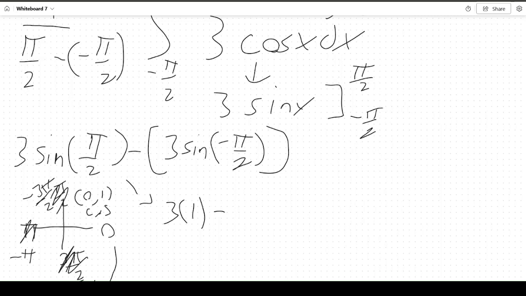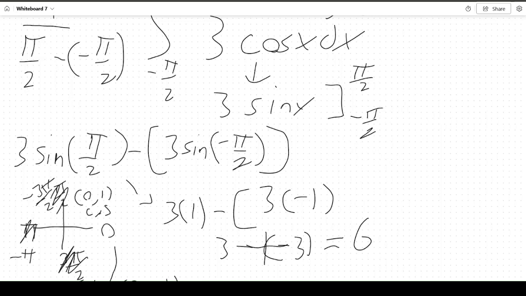So the value of negative pi over 2 is going to be 0, negative 1. And as you can see here, the value of sine of negative pi over 2 is negative 1. So it'll be 3 times negative 1. So this would be 3 minus negative 3. It becomes positive. It becomes 6.